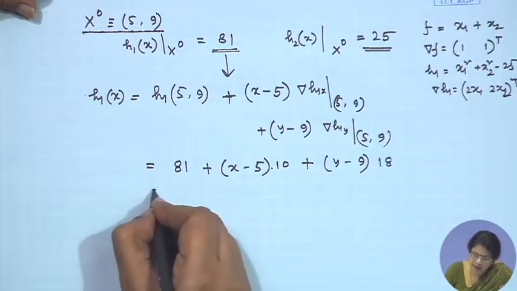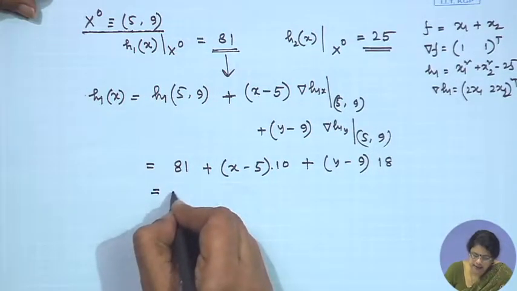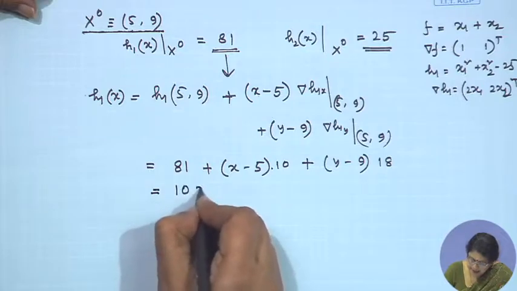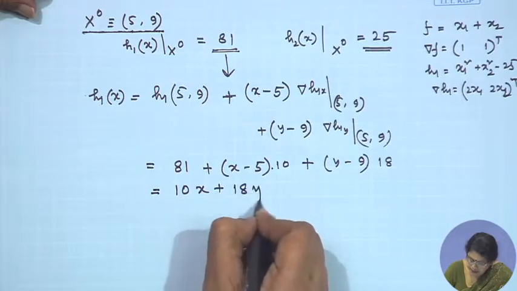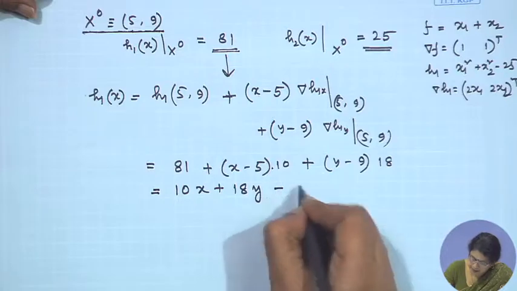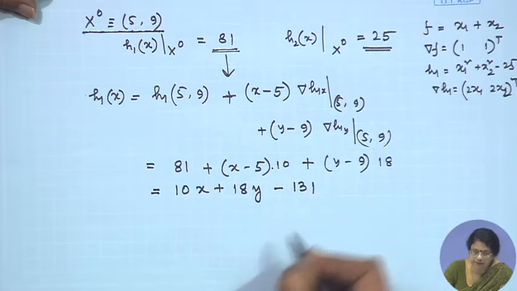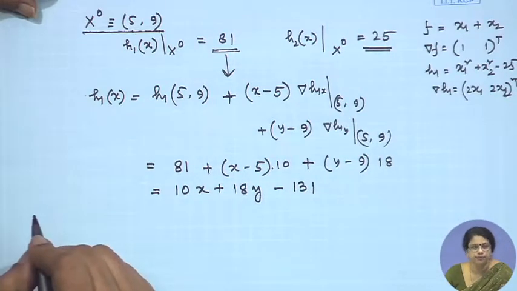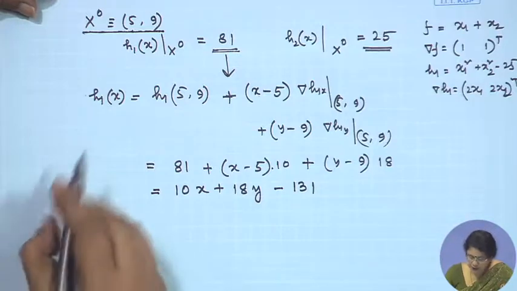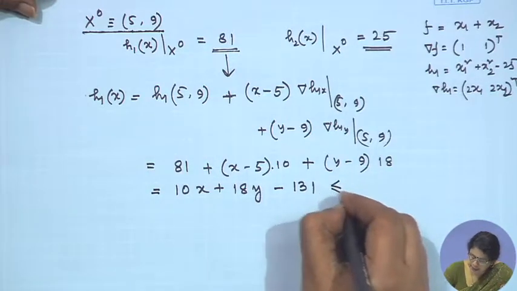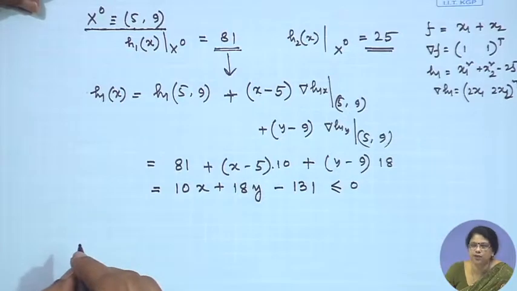That is why this will become 10x plus 18y minus 131. Alright. What is my constraint then? This must be less than or equal to 0, my next constraint.